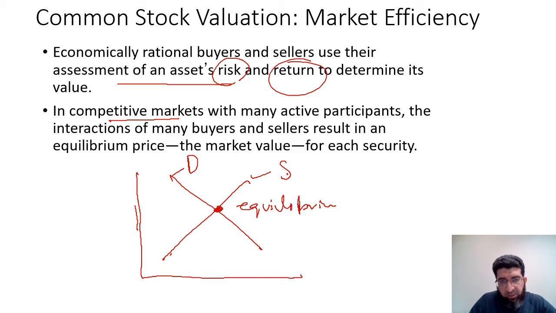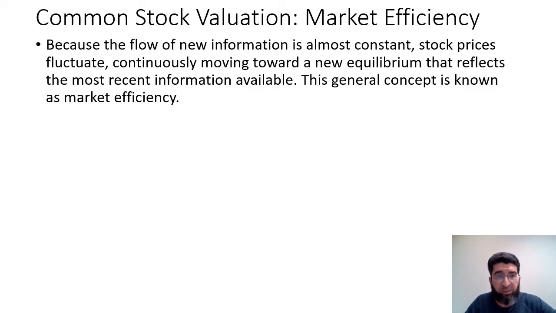Now, this equilibrium price is where the information about the stocks between buyers and sellers becomes the same. No one has more information, or no one has less information. All information becomes equal between those who demand the stocks and those who supply the stocks. There are no price anomalies.